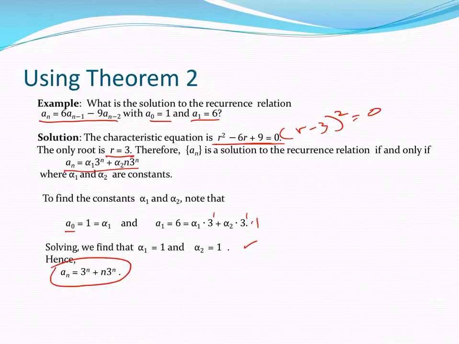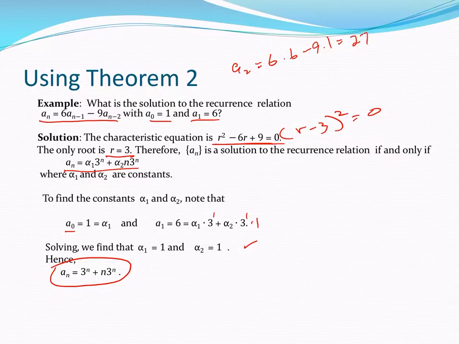Let's check it. Using my recurrence relation, a2 is equal to 6 times 6 minus 9 times 1 equals 27.